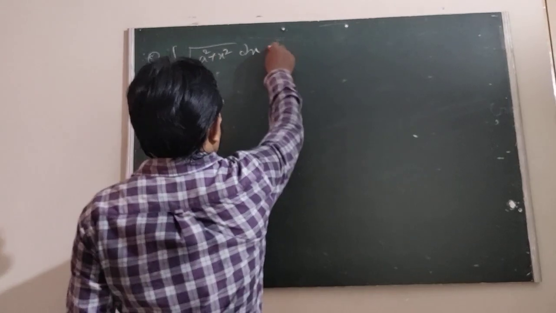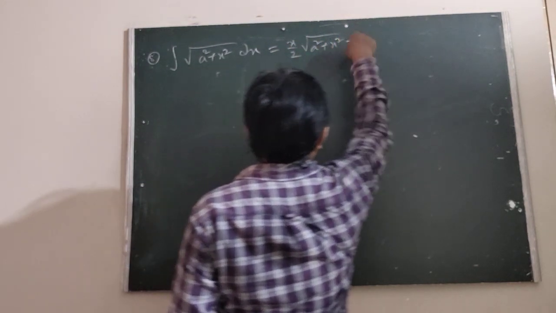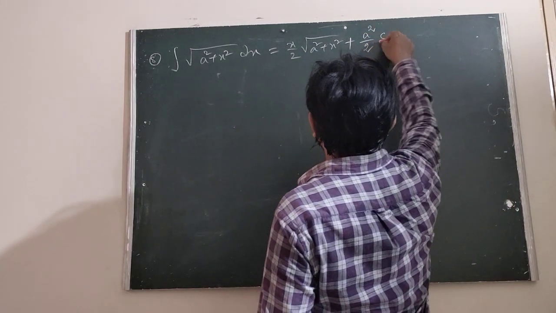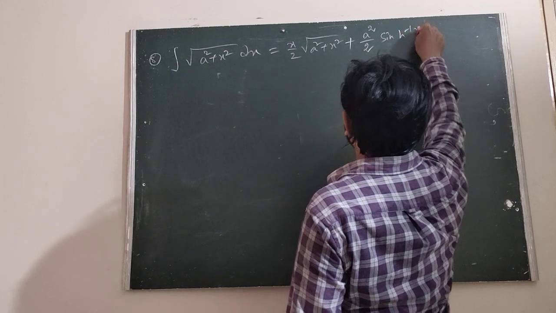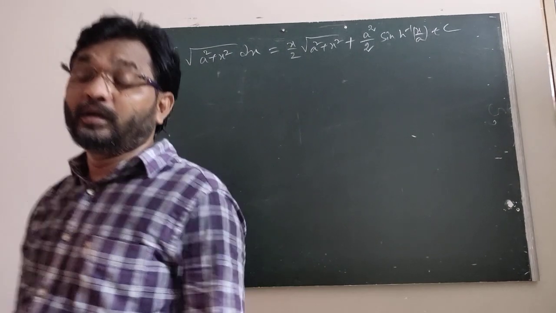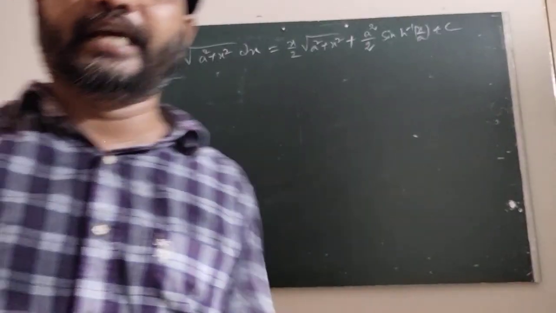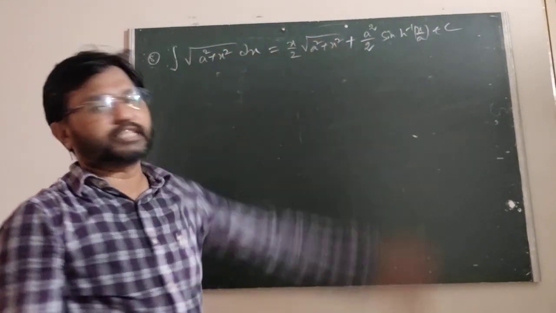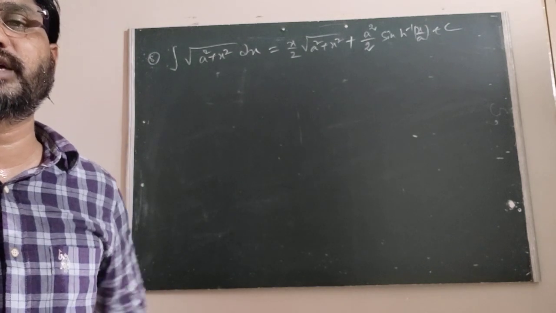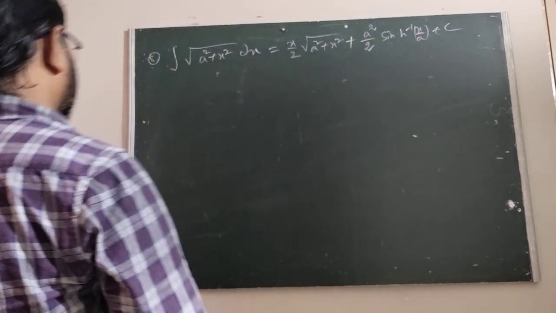This is x by 2 under root a square plus x square plus a square by 2 sinh inverse of x by a plus c. Is it okay? That is the form.